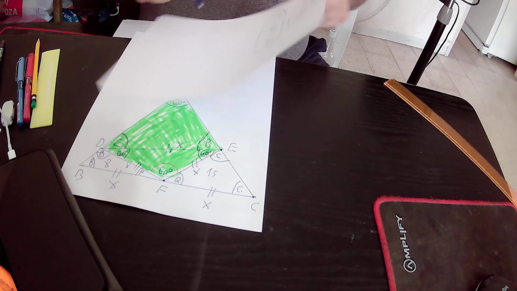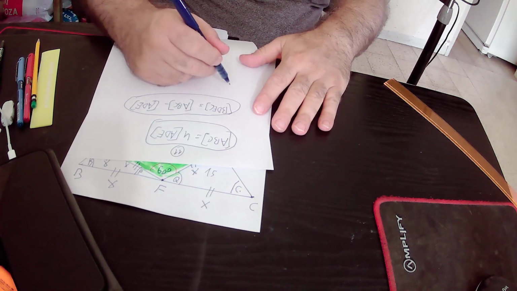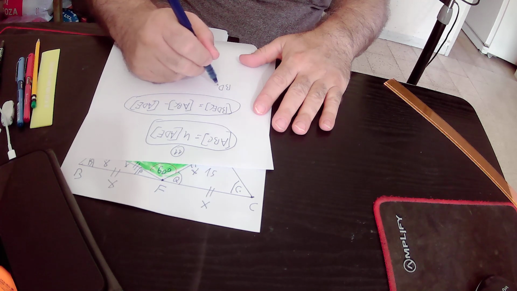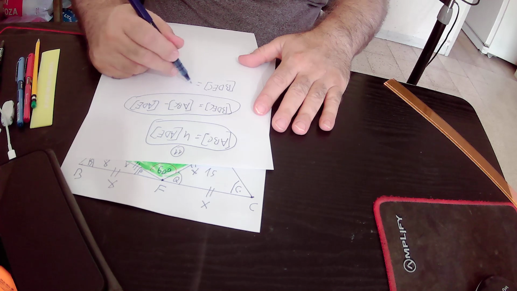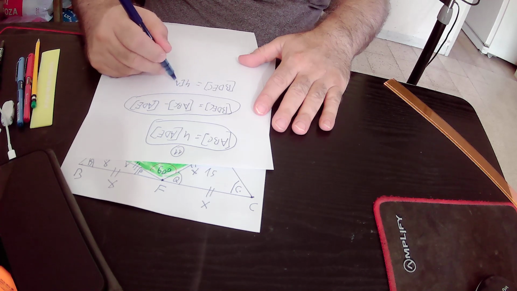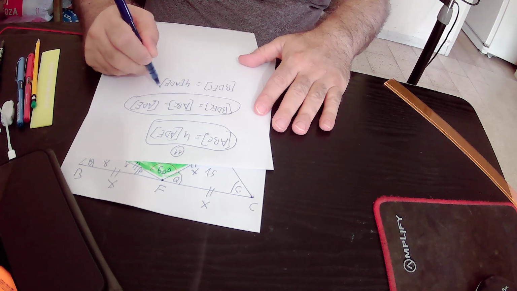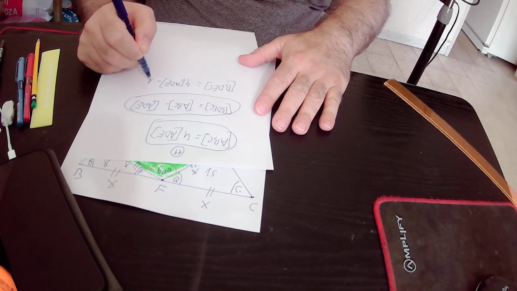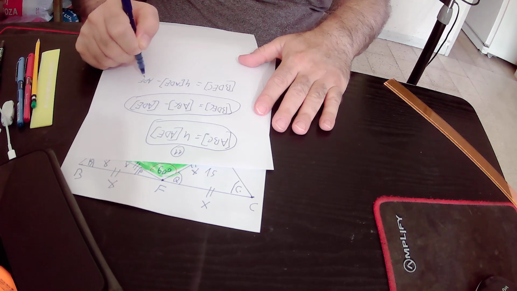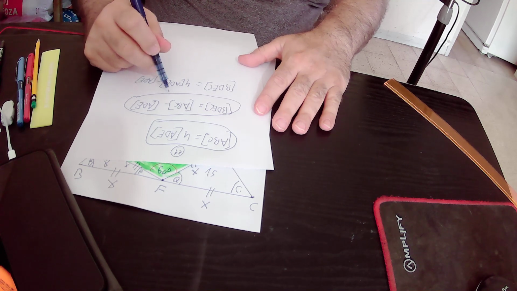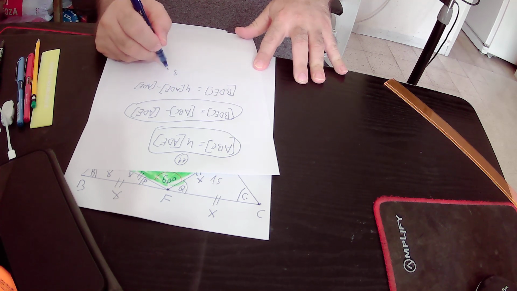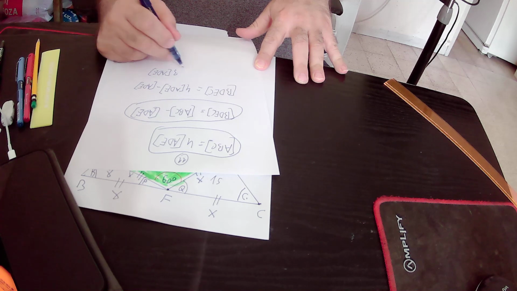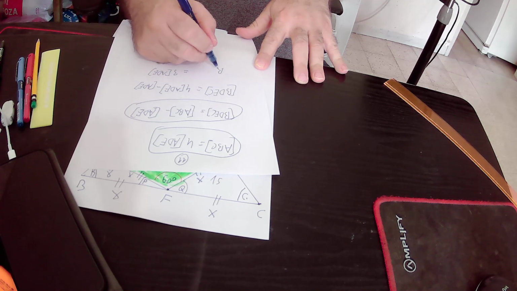So the area of quadrilateral BDEC equals 4 times the area of triangle ADE minus 1 times the area of triangle ADE, which equals 3 times the area of triangle ADE. And that is the area of quadrilateral BDEC.